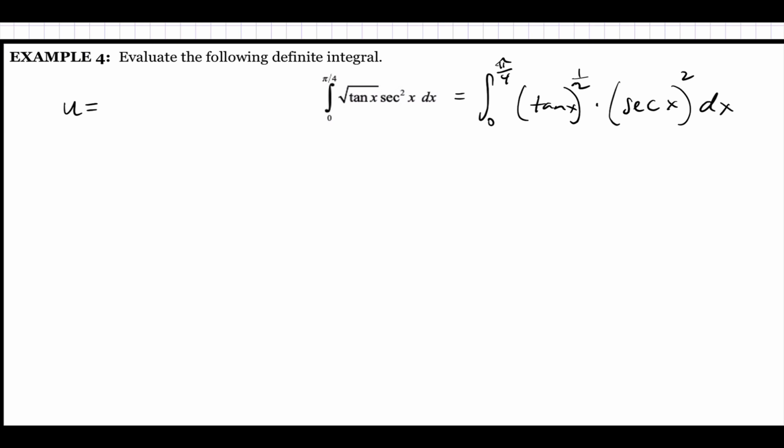I have to figure out a way to cancel. Once I pick a u, I have to figure out a way to cancel out the other x in there. Perfect, sets it up perfect. So I would pick tangent of x as my u. du is secant squared, right? If you're not sure, it's on your list. dx, divide by secant squared.